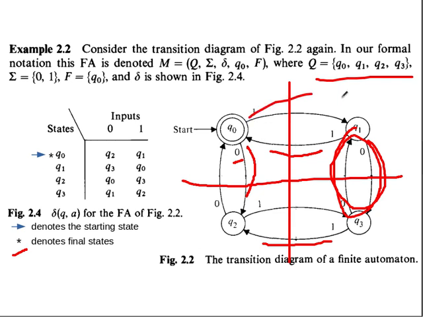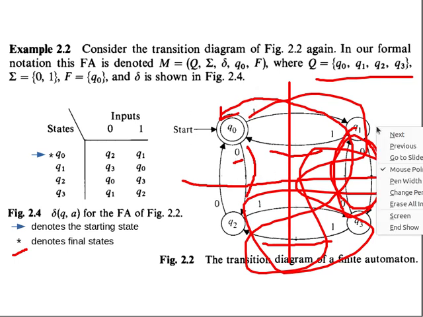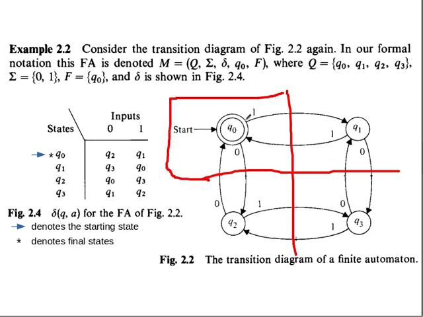After moving between all these states in a very complicated way, if it comes back here, starting from here and coming back again here, this quadrant means an even number of zeros and an even number of ones, right?